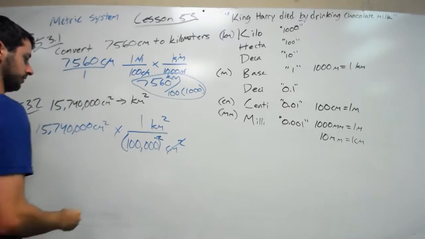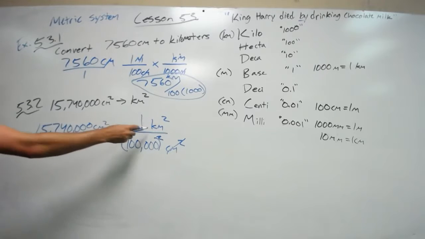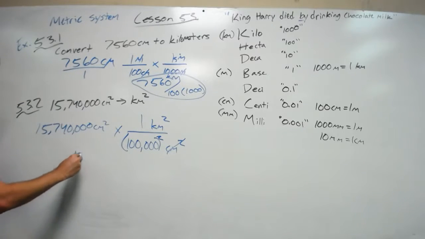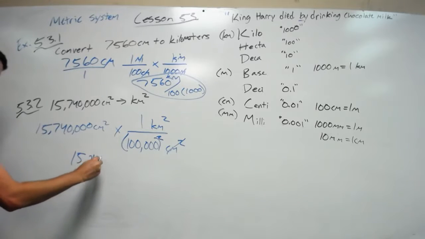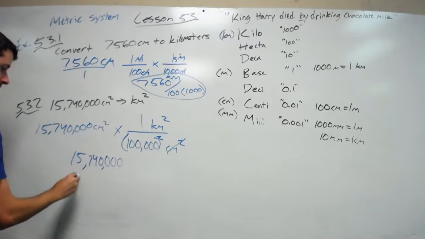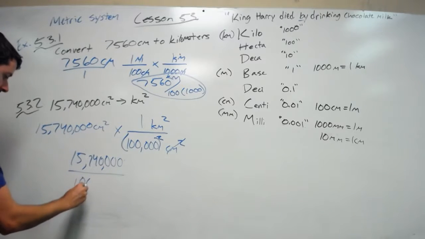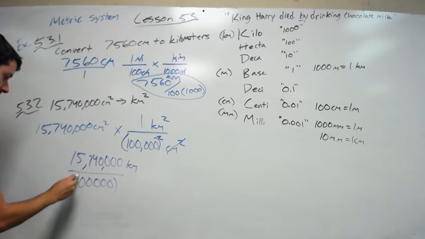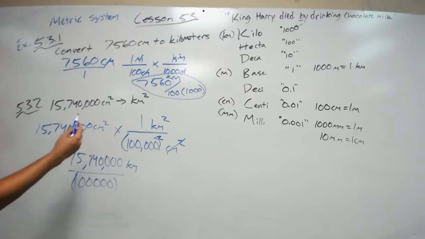Now those can cancel, and we're at kilometers squared, so our answer would be 15,740,000 over 100,000 kilometers. Yes, you could divide it by 100,000.